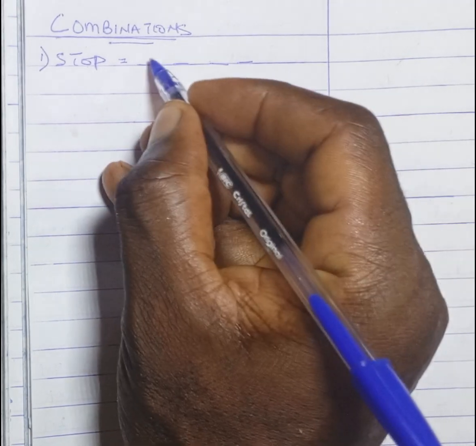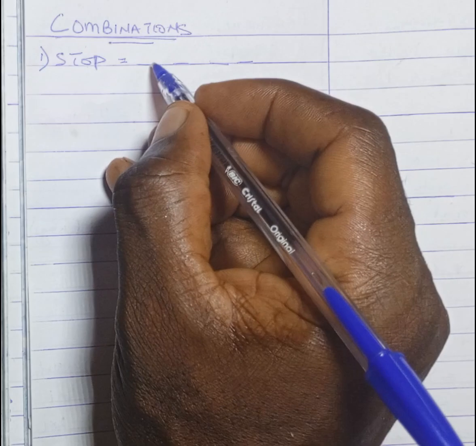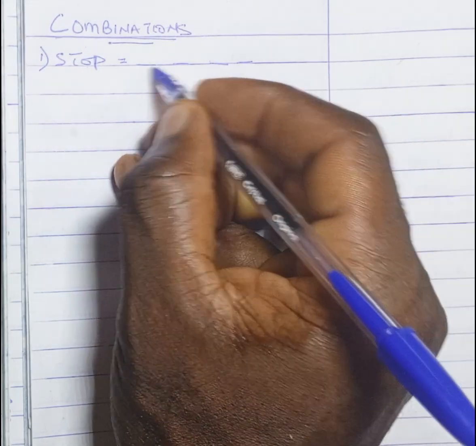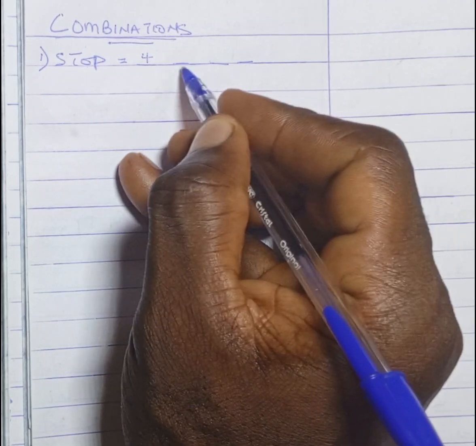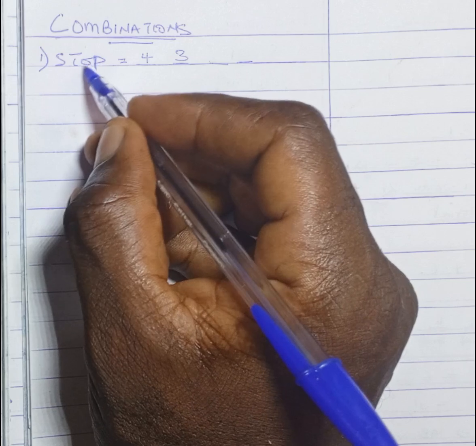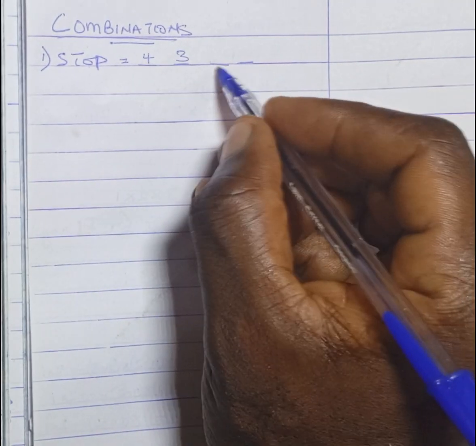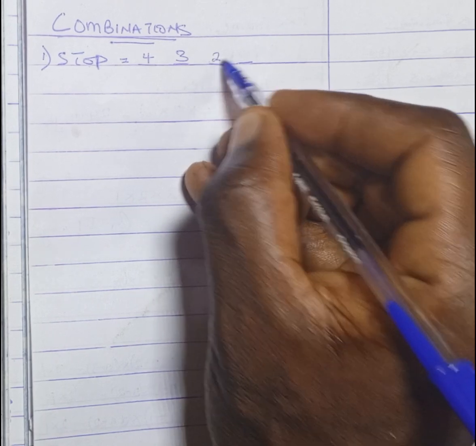If we are to arrange them, we say the first letter can occupy any of these 4 positions, so we write 4. The second letter, T, can occupy any of the 3 remaining positions, we write 3. The third, which is O, can occupy any of the 2, it could be here, it could be there. So since there are 2, we just write 2, and then the last one.